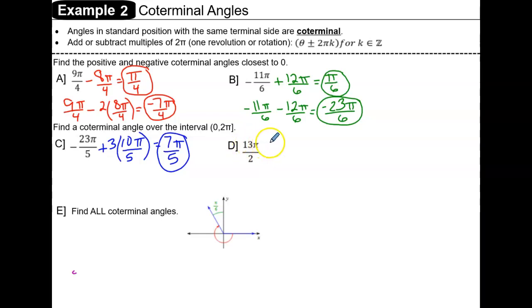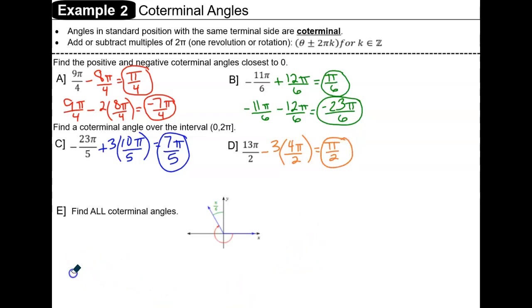If we did 3 revolutions, that would be 13 minus 12. 4 revolutions would be 13 minus 16. That would be negative. So we're going to go 3 revolutions in the clockwise direction. So 3 times 4 pi over 2. And 13 minus 12 is 1 pi over 2, which is within the given interval.